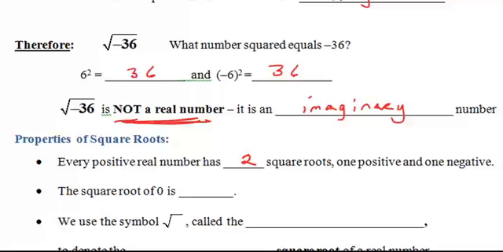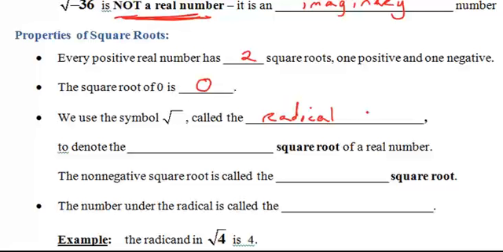We use the symbol, the one shown, for the radical symbol to denote the positive square root of a number.